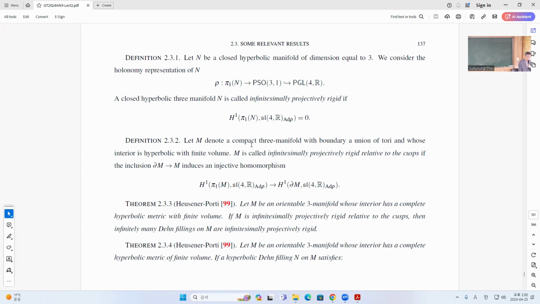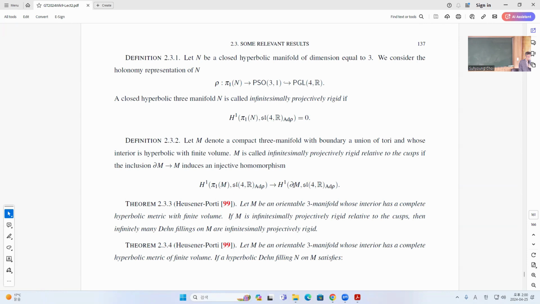They consider a case where the boundary is a union of tori, and the interior is complete hyperbolic with finite volume. Sorry. Then it's infinitesimally projectively rigid with respect to the cusps if this induced map is injective.